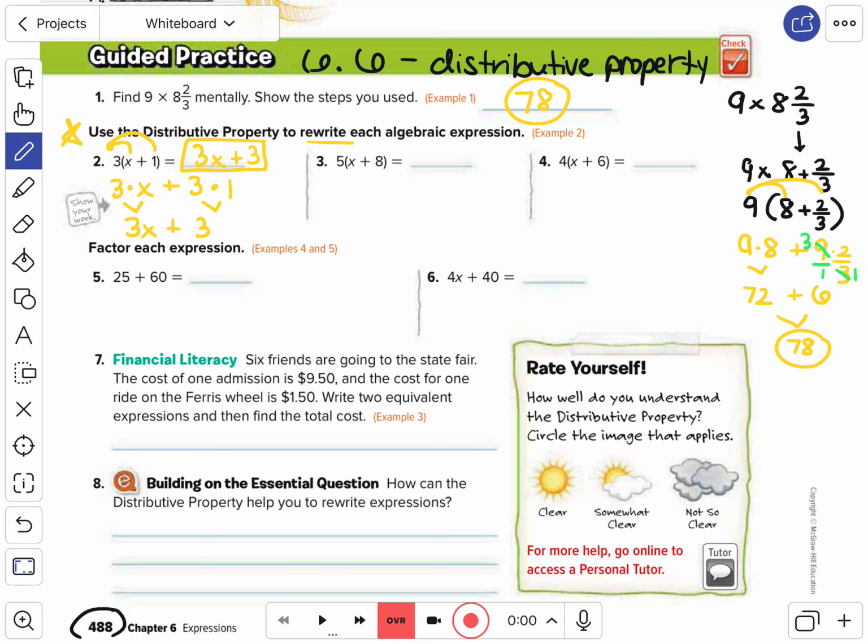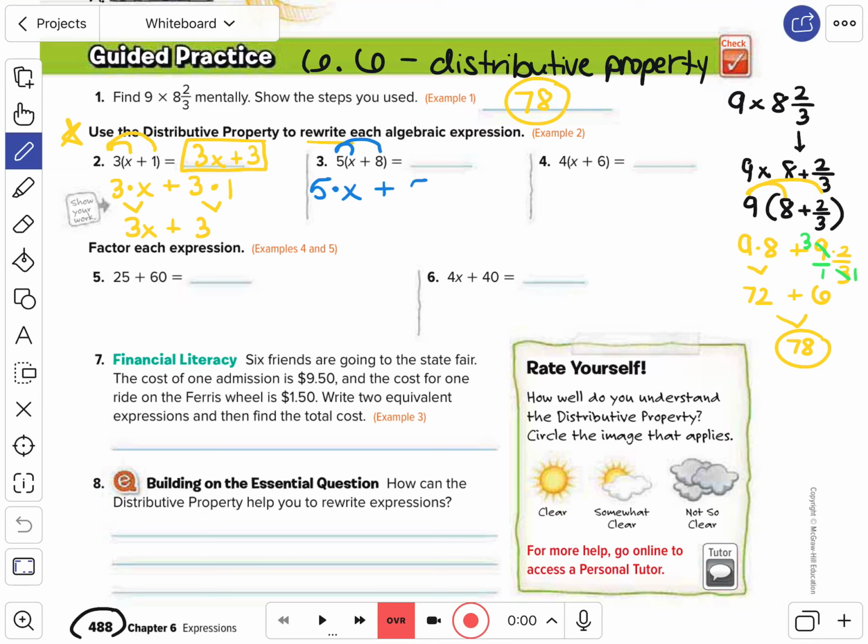Because normally we would follow PEMDAS and we would solve what's in the parentheses, then multiply that with the 5. But you can't solve what's in the parentheses because we don't know what x is. So we have to simplify the expression, which means get rid of the parentheses. So to get rid of the parentheses, we need to distribute. So draw your arrow, 5 times x, bring down the symbol in the middle, in this case it's addition.